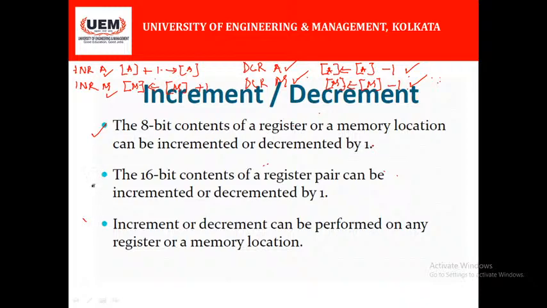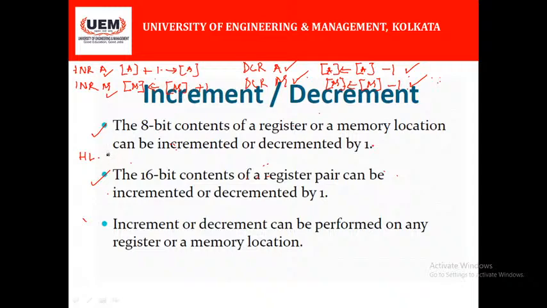Not only the content can be decremented, but also the address. The 16-bit contents of a register pair can be incremented or decremented by 1. We all know that whenever we need to store an address, a single register cannot hold that content, so we use a register pair such as the HL register pair.